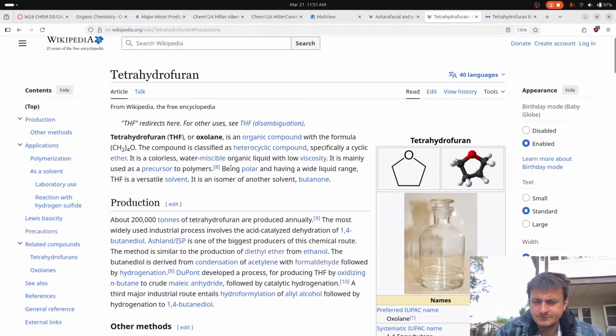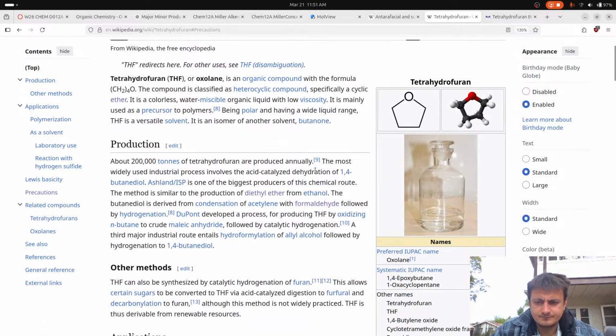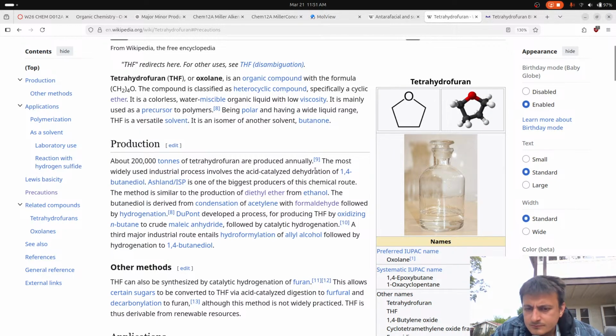Epoxy butane. 1, 2, 3, 4. That's weird. I've never seen that before.